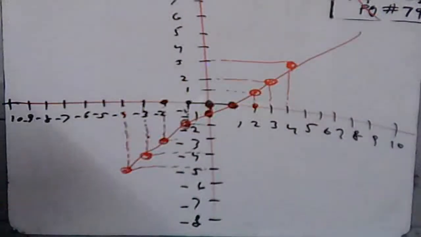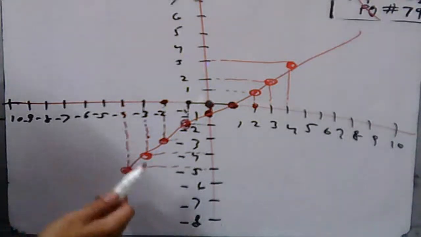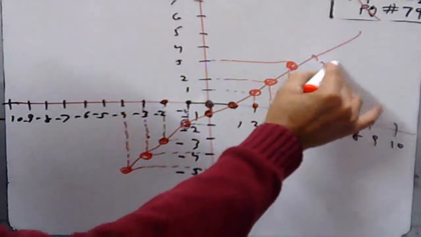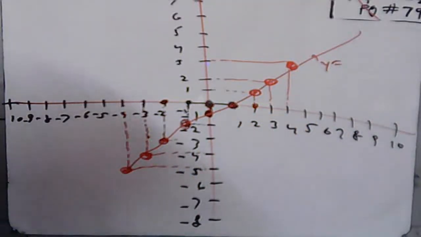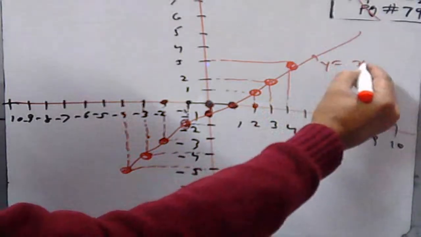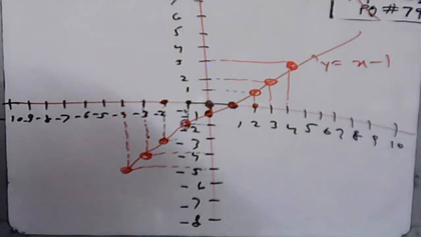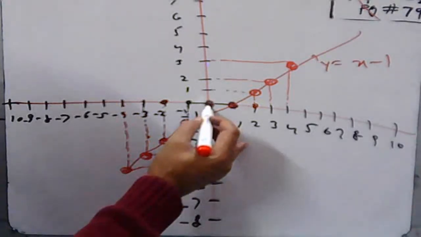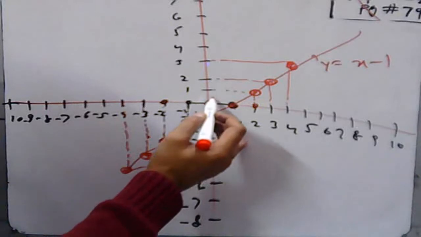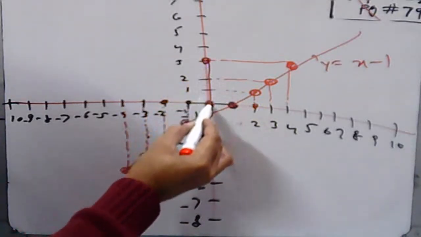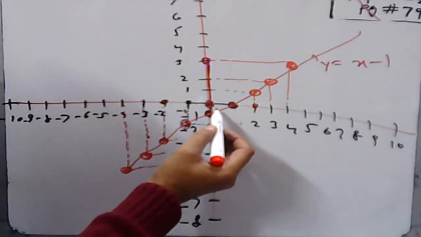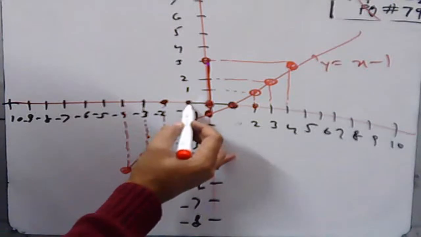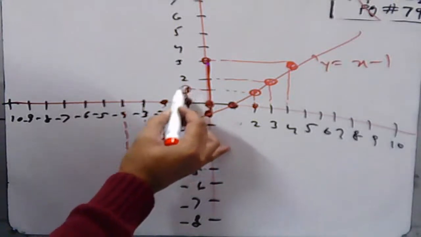Similarly, the second equation, this line represents y is equal to x minus 1, which is given. So for the second line you have to draw, take the points: at x equal to 0, you will get 3, this one. And minus 1, you will get 1, so that is the point.